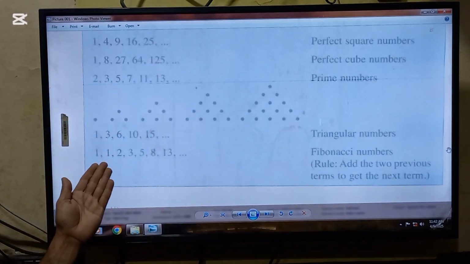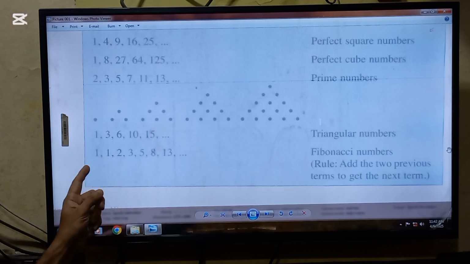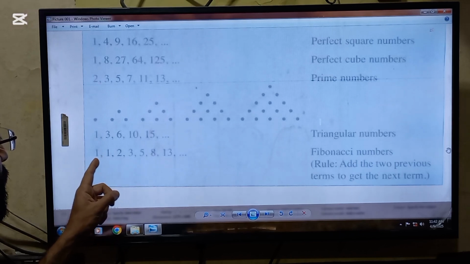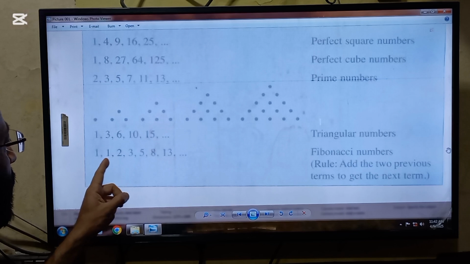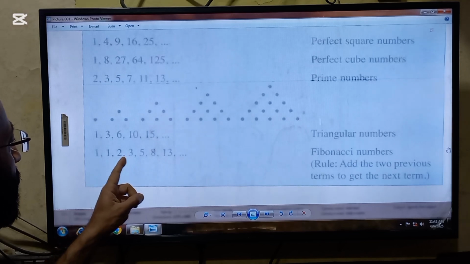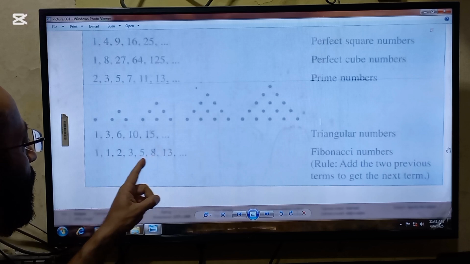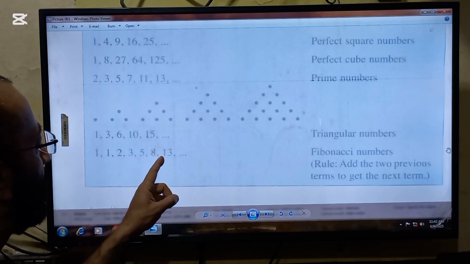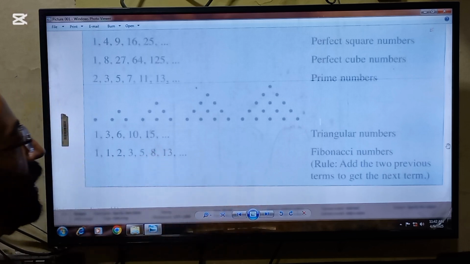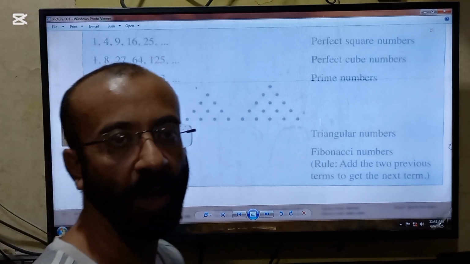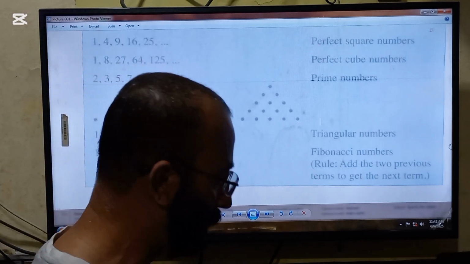So 1, 1, 2, 3, 5, 8: 1 will be as it is, then add the two terms, that will make 2, then add these two numbers will make 3, then 5, then 8, then 13, and so on. So these are some special kinds of number sequences.